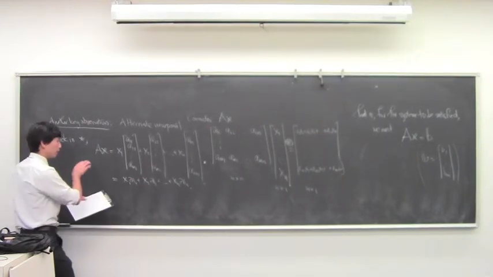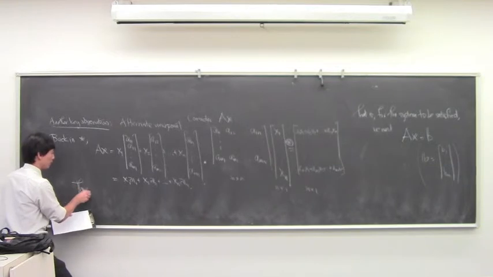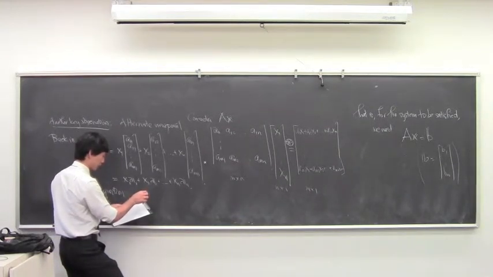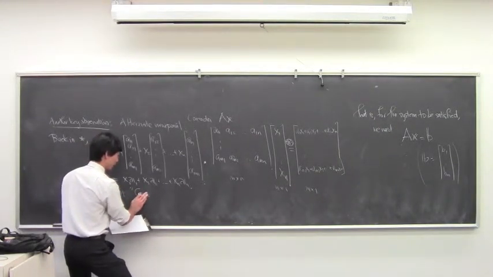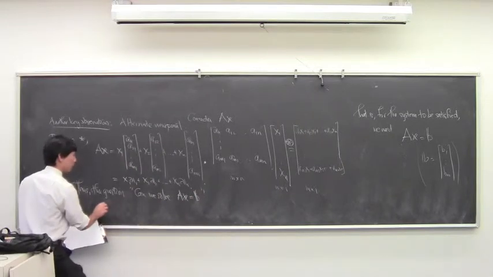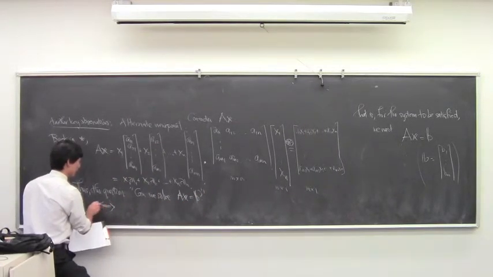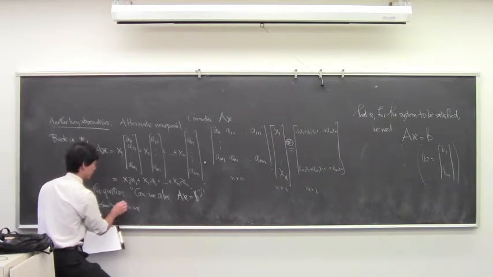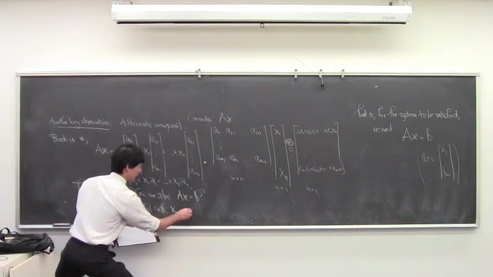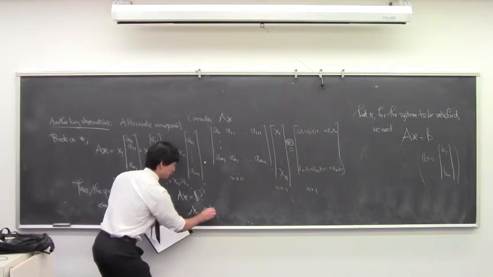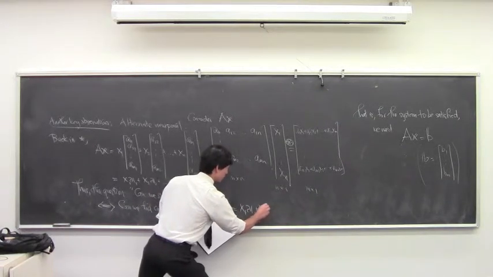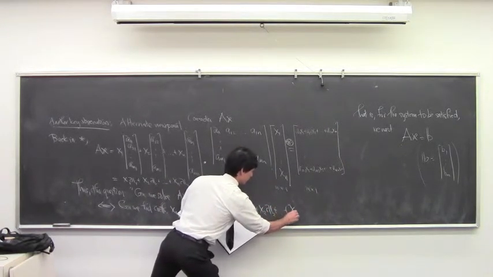So then, the question can we solve Ax equals b is the same question as can we find coefficients x1 through xn such that b is x1 times the first column plus x2 times the second column plus xn times the nth column.